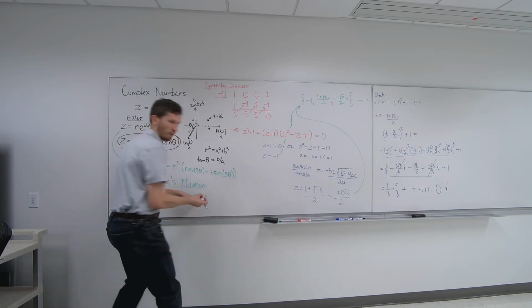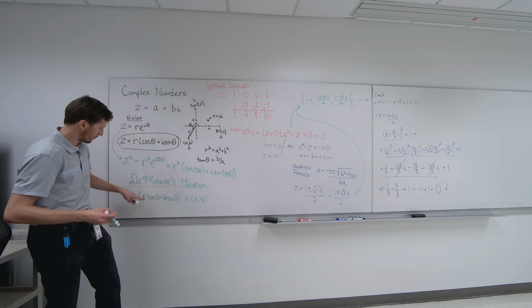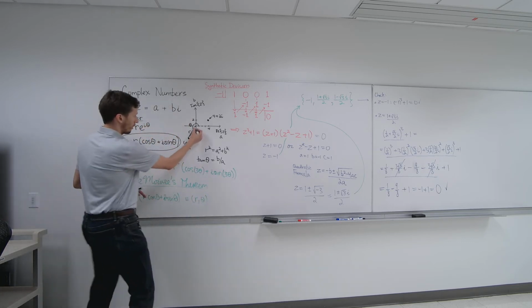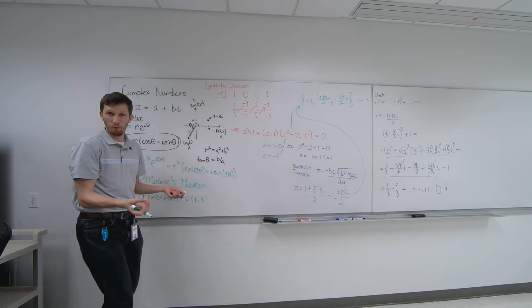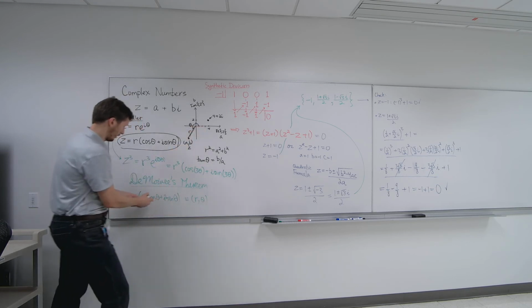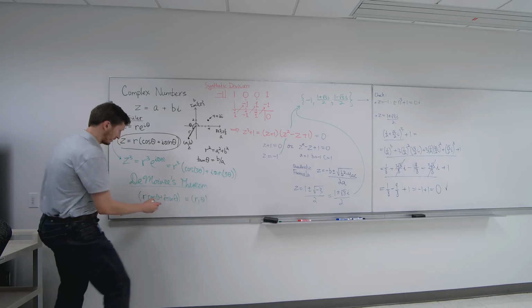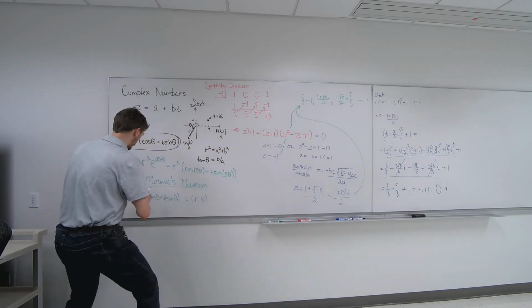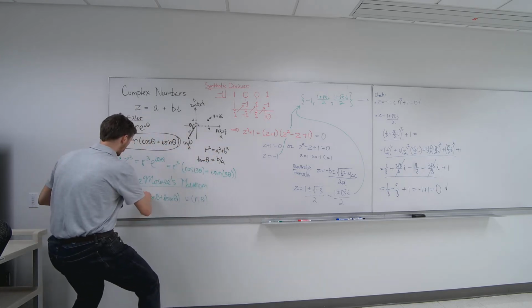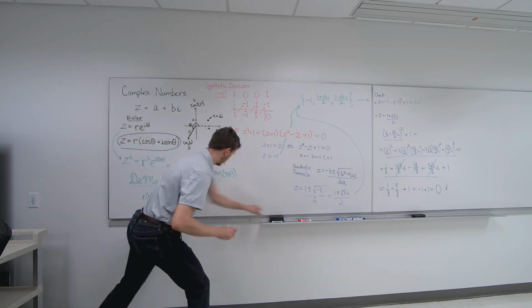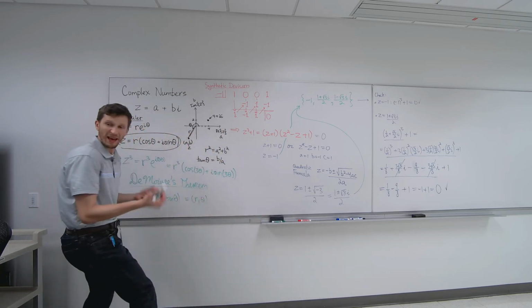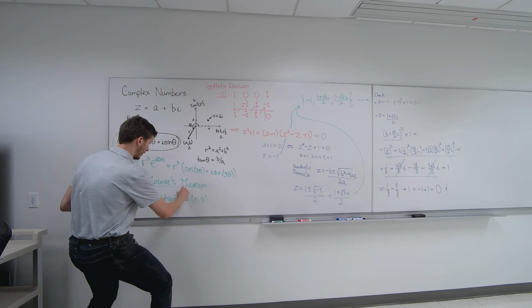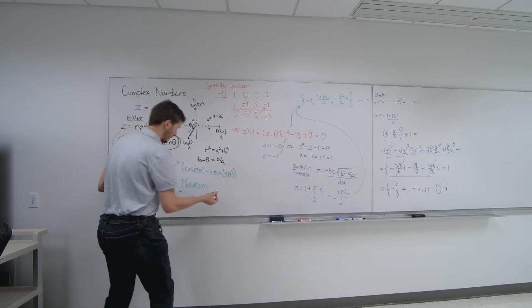Let's depict it that way. So there's an angle, there's a modulus, the r and the theta, and you can see where that point is, so that you can get from there the a and the b. So this is r outside of all this. I'm going to take it to the nth power, any power, especially any natural number.